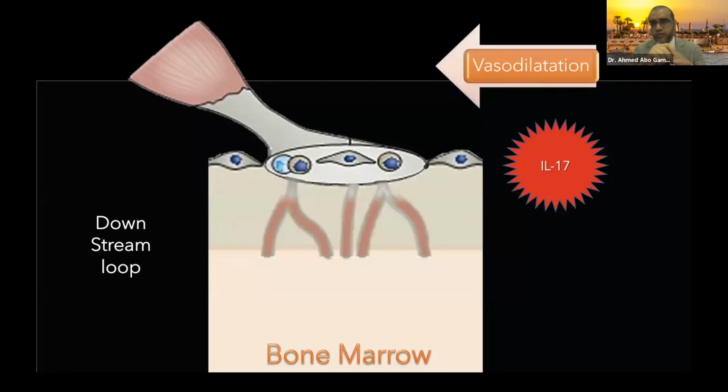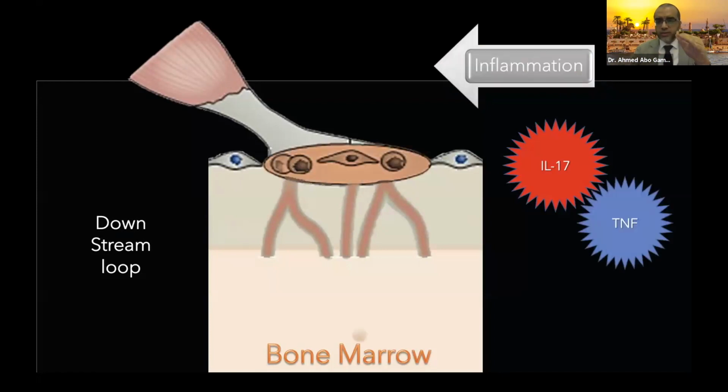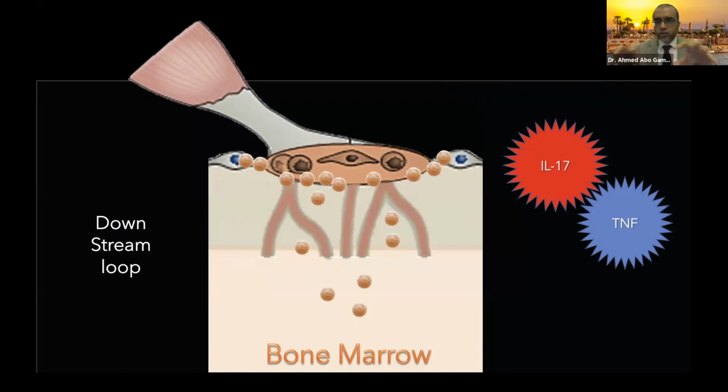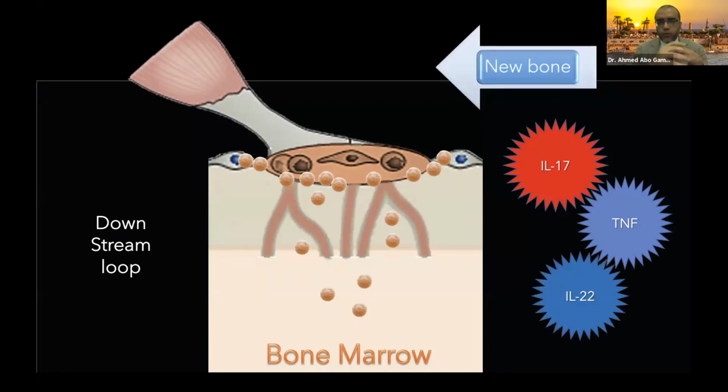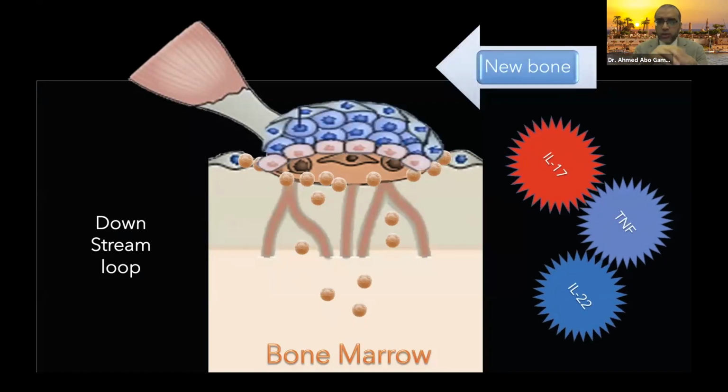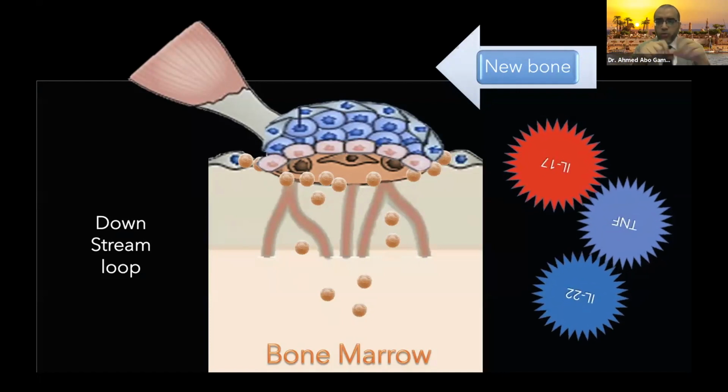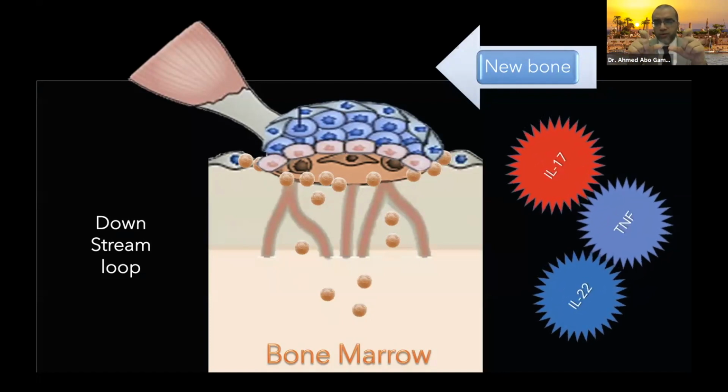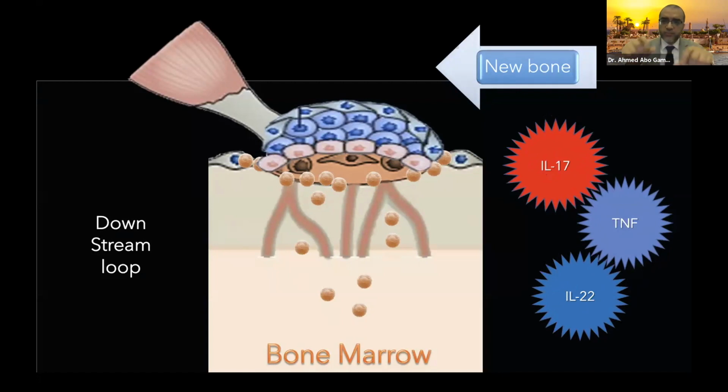Under the effect of this cytokine, vasodilatation starts in the cortical bone with increased chemotaxis of inflammatory cells and the production of TNF-alpha, followed by activation of osteoclasts and the start of bone resorption at the enthesial site. The final step is interleukin 22, activating the second arm, the osteoblasts, with bone proliferation and spur formation. This is the downstream loop for enthesitis.